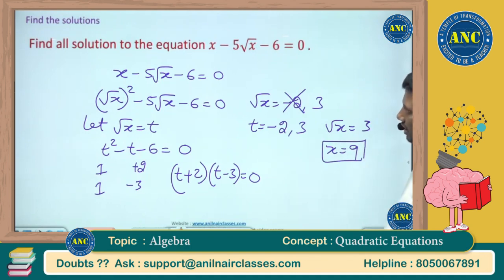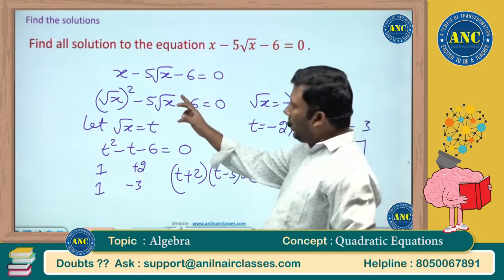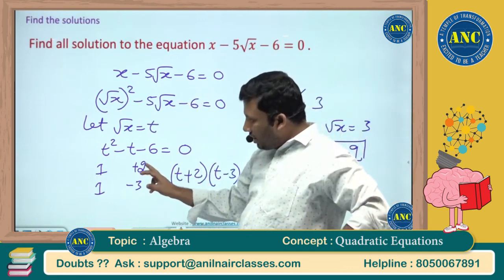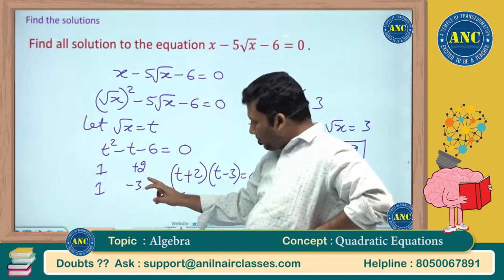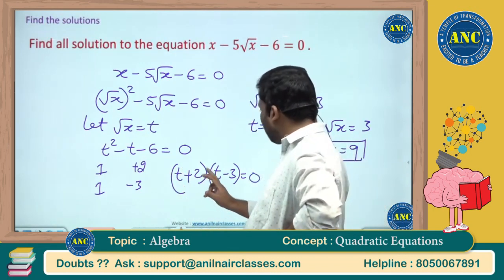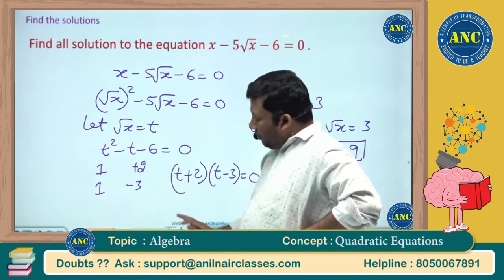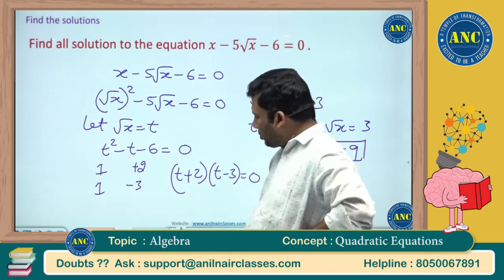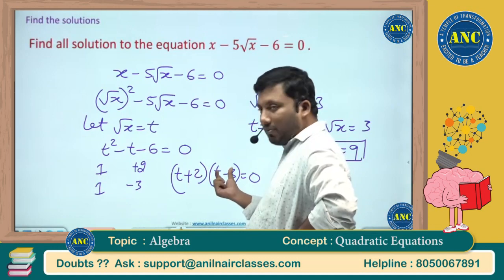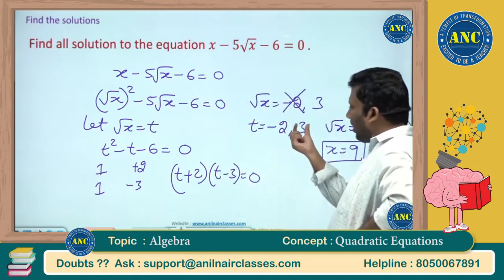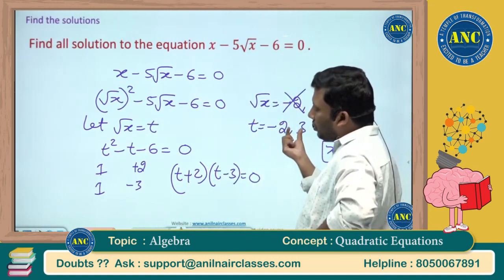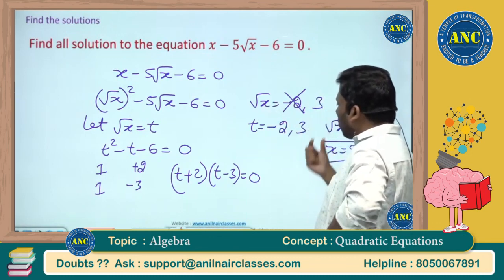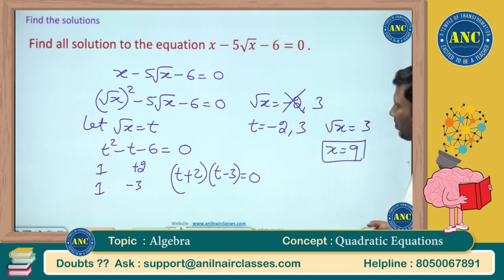So if you see here, root x whole square minus 5 root x, minus 3 plus 2, it is minus 3 into plus 2, it is minus 6, minus 3 plus 2, it is 2. So t plus 2 into t minus 3 is 0, t is minus 2 and 3, t is root x equivalent to 3, x equivalent to 9.